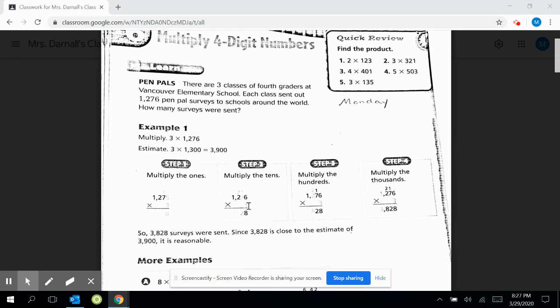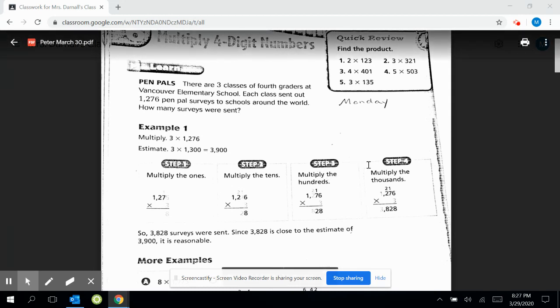But next, we're going to multiply 3 times the number in the tens place, and that is 3 times 7. And 3 times 7 is what? 21, right? But we have one more on top of this, so we have to add that in. So that makes 22. So we put our 2 here and the other 2 down here.